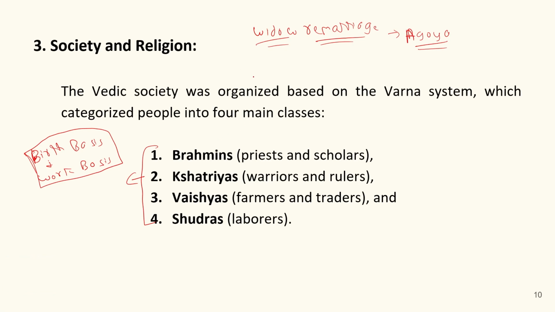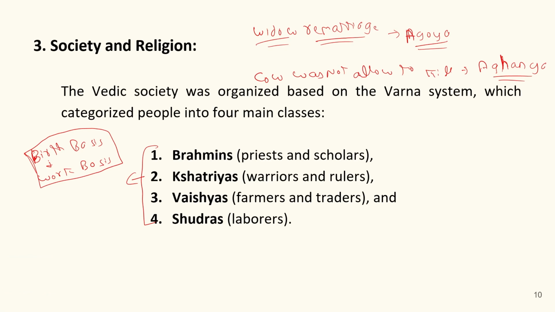And the second thing is, the cow was not allowed to be killed, called Aghnya. So in the earlier time, if a woman lost her husband, she could have a second marriage. Widow remarriage was allowed. And the second thing is, the cow was not allowed to be killed. You cannot kill the cow. Okay, these were the things of the early Vedic period.